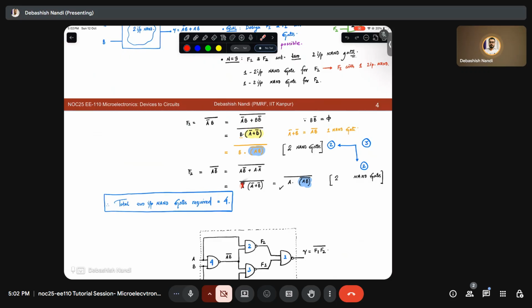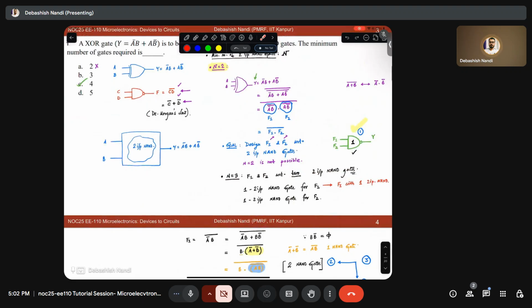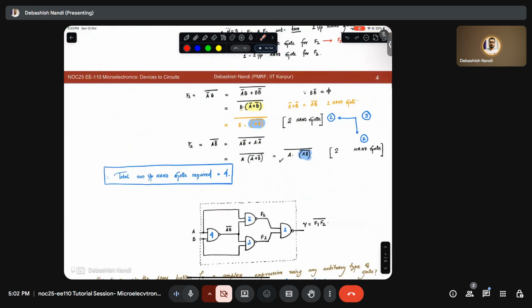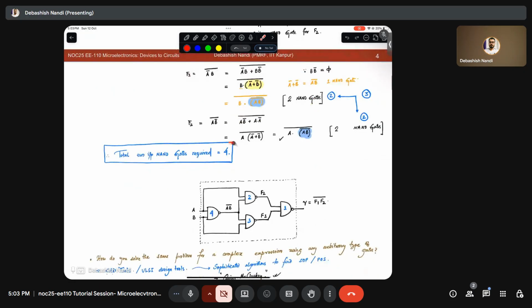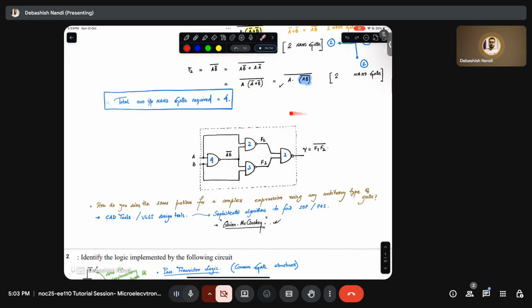Similarly, two NAND gates to design f2. So ideally we should have had 2 plus 2 plus 1, 5. However, we have observed that A B bar and A B bar are common in both, so we can utilize that output. So the total number boiled down to 4, the minimum number of two input NAND gates that were required. So this is the design we came up with, right?